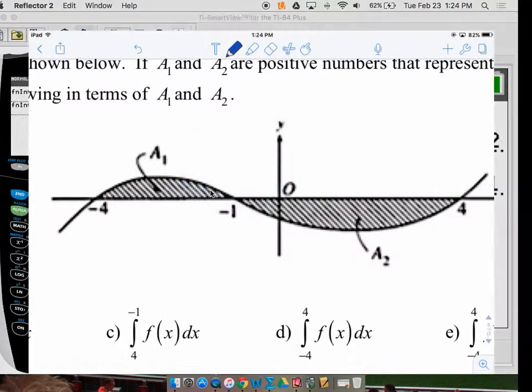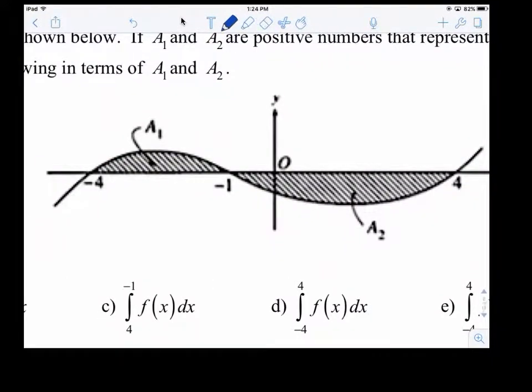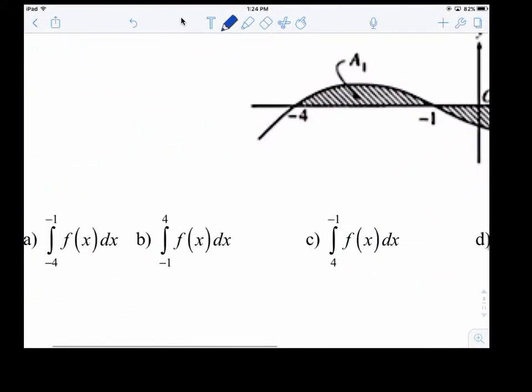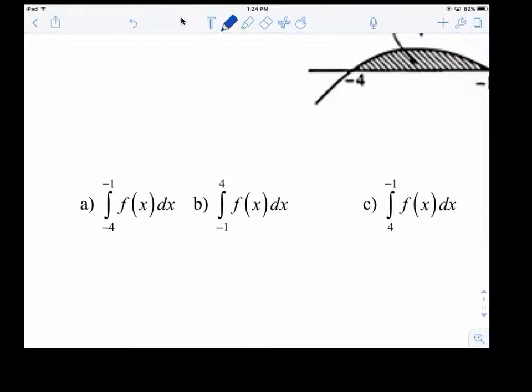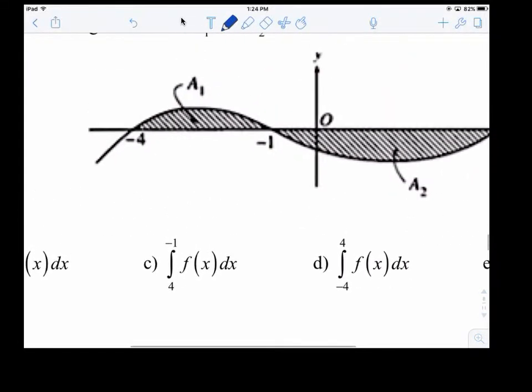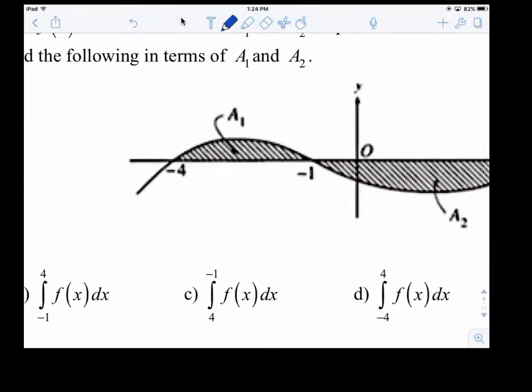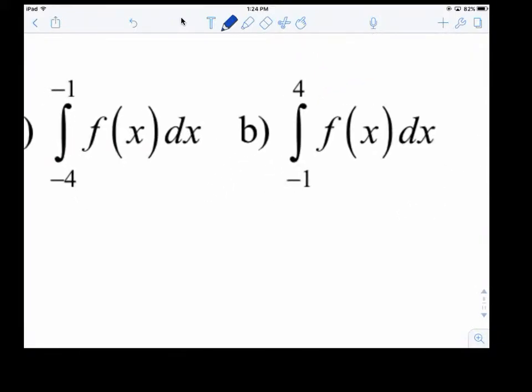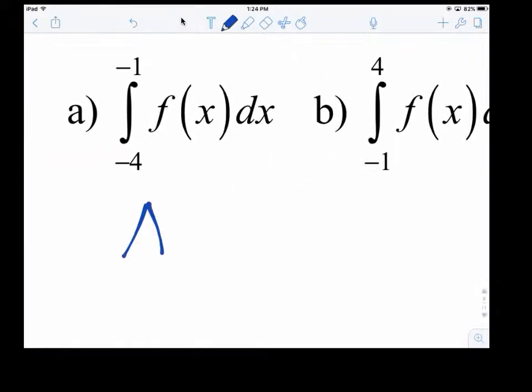So what is the first one? The first one is from -4 to -1. And that would be what? A1, right? We want all of our answers to be in terms of A1 and A2. So that would be A1.